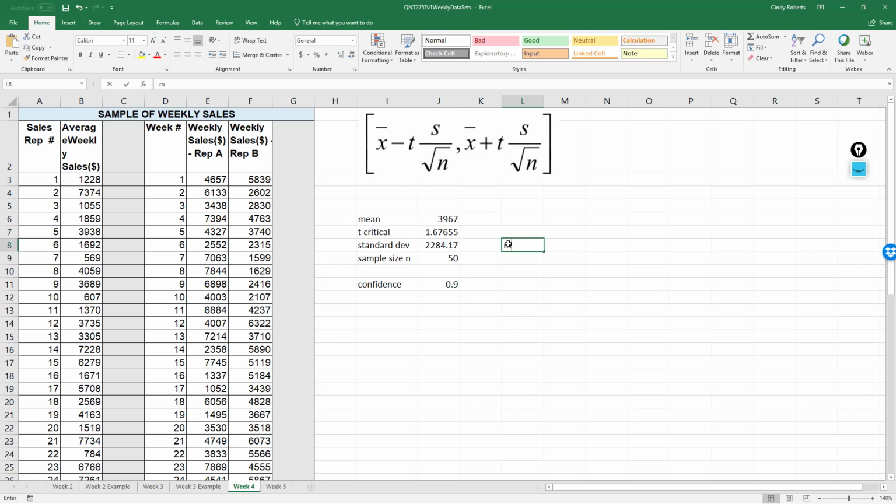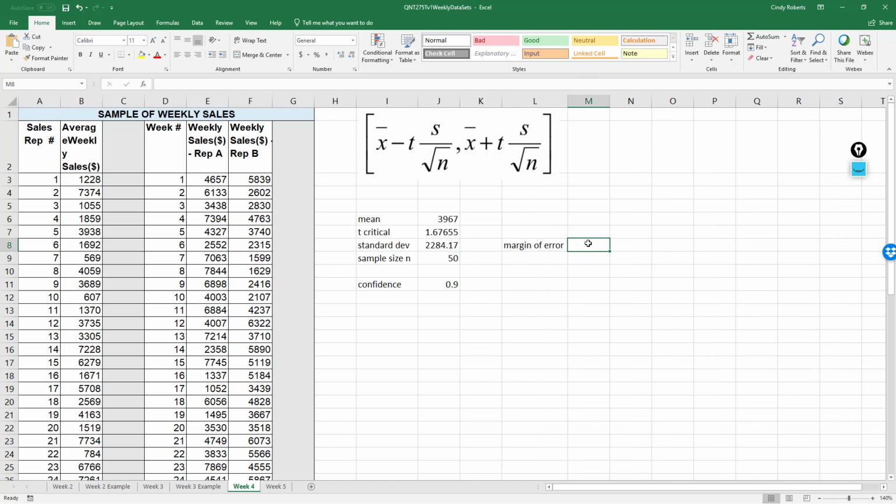And the margin of error, just look here at the formula, is your T critical times your standard deviation divided by the square root of your sample size. And they call that the margin of error because you're doing your sample plus and minus the margin of error. And I get this value here.